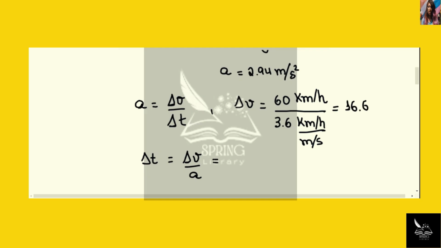So it's 16.67 meters per second. So we have 16.67 meters per second divided by the acceleration of 2.94 meters per second squared.